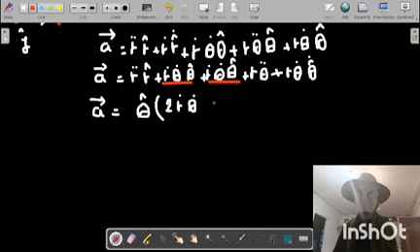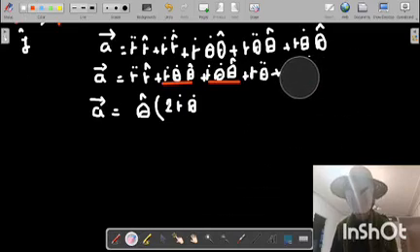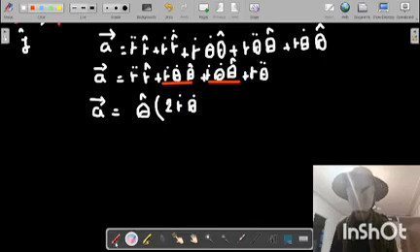Now, what else do we got here? This also has a theta hat. Let me clean this up so we can go a bit cleaner. This has a theta hat, and this is R theta dot theta hat. There you go.